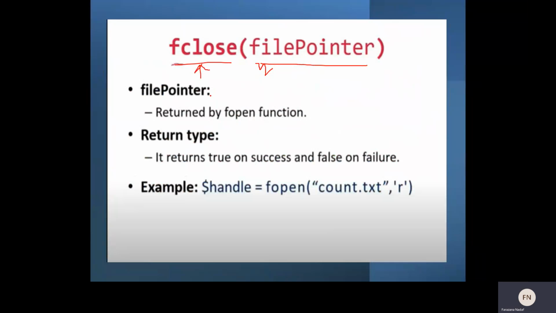It is the file pointer returned by the fopen function, and it returns true on success of closing the file, or false on failure. So you can use fclose with the file pointer $handle. This is an example of how you can close a file.